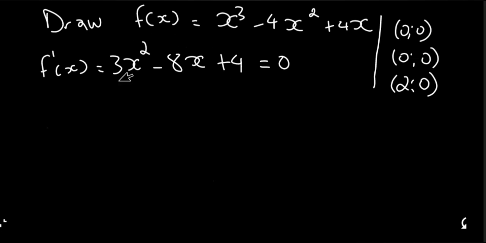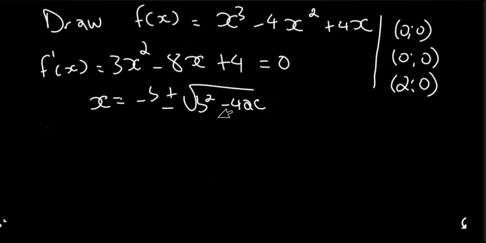Now, we need to factorize this. The best way to get the x values is to use the quadratic formula. That's the quickest way to solve this equation. The quadratic formula is x is equal to negative b plus or minus the square root of b squared minus 4ac, divided by 2a.